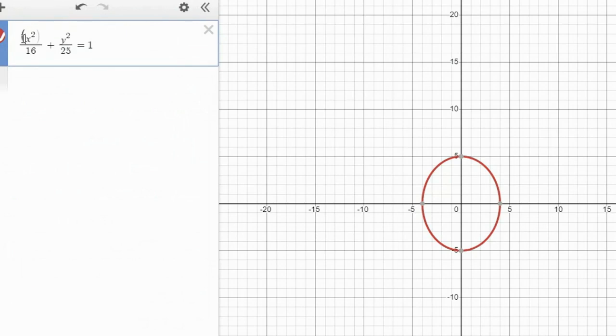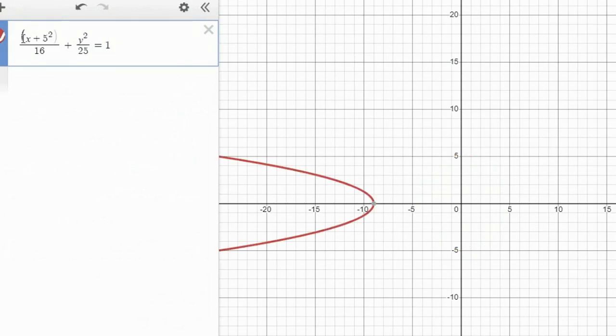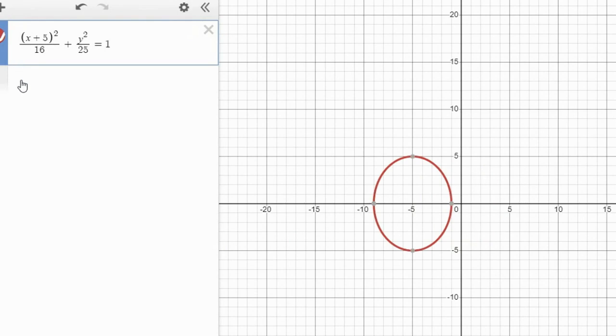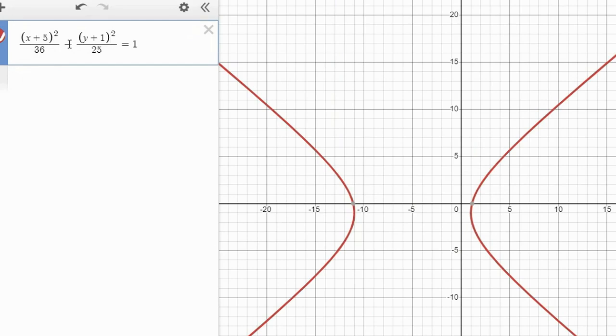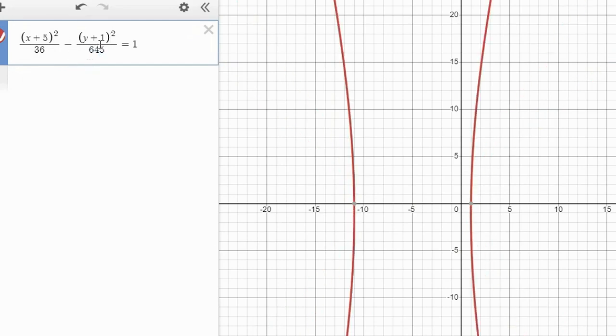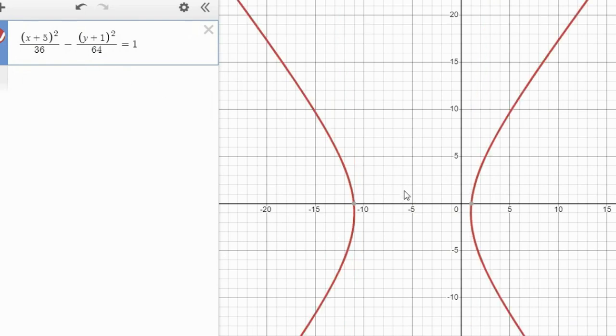This is x plus 5 squared, and it is over 36. And, oh, this is a minus. That's why it's making a circle right now. It's not a hyperbola. And this is y what? Y plus 1, and it is over 64. Ooh, not 645, 64.